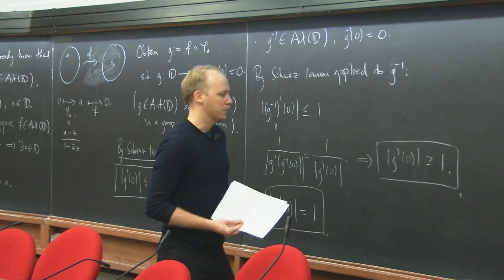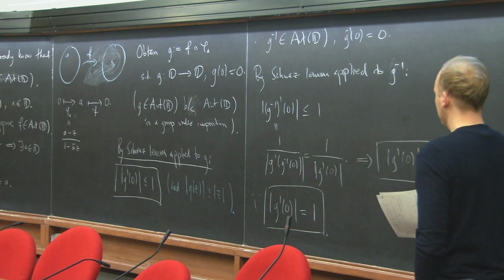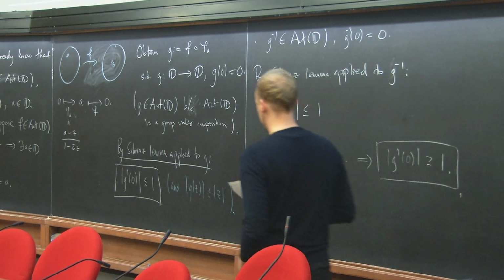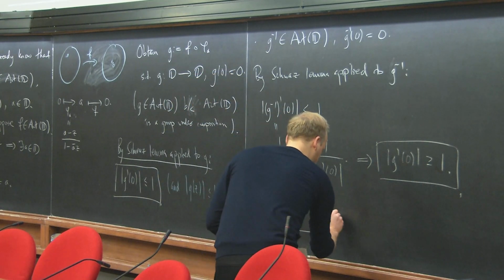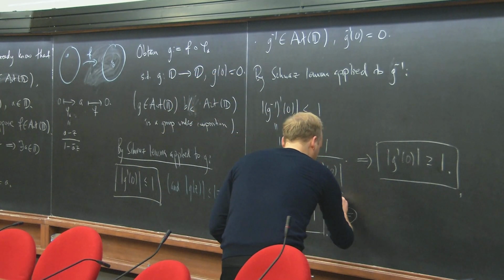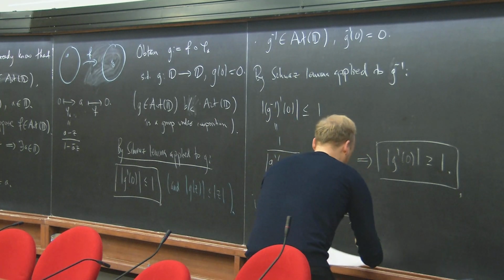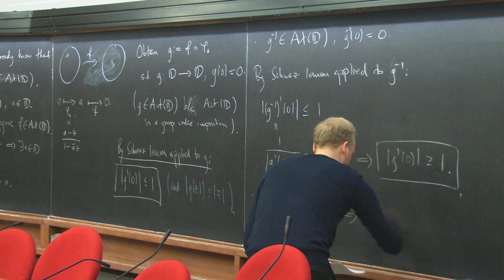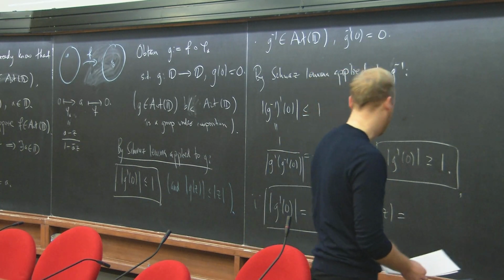And this is when we remember the last part of the Schwarz lemma, which says that if we have equality in any of these conditions over here, then in fact we have a very special conclusion. So again, by the Schwarz lemma, we have that... maybe someone wants to help me out, by the way.